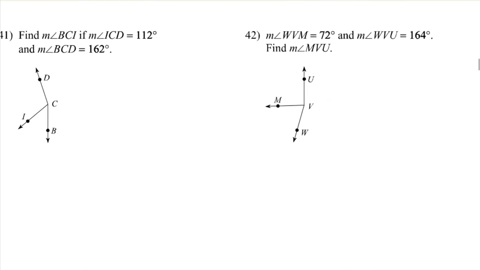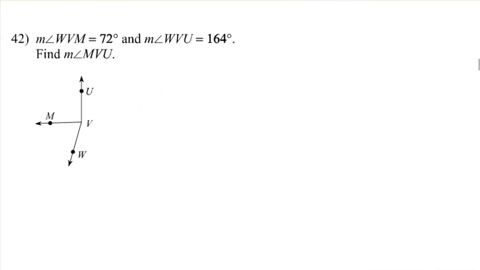This one wants to define the angle here, so you just have to use the angle addition postulate. The sum of the small angles is equal to the big angle. That's the big idea with all of these. So WVM is the small angle, plus MVU.